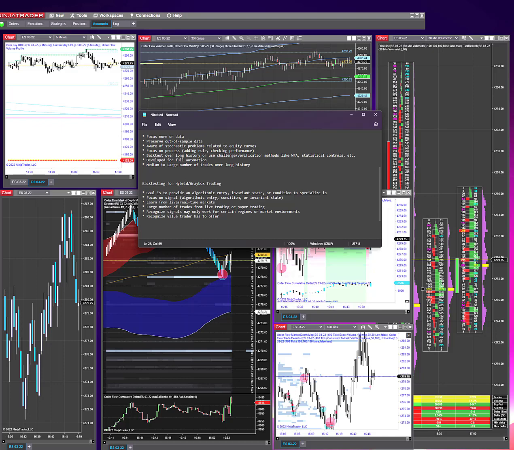I should have been shut down, but I took it with a mini contract, and it would have produced like $300 to $600 just immediately. And I took it off real quick because I had meant to put on a couple of micros instead of the full mini, so I didn't make much on it. But that's an example of seeing something in the market and then thinking about how to integrate that into a strategy.